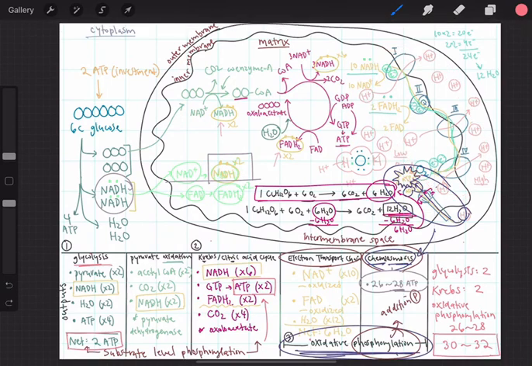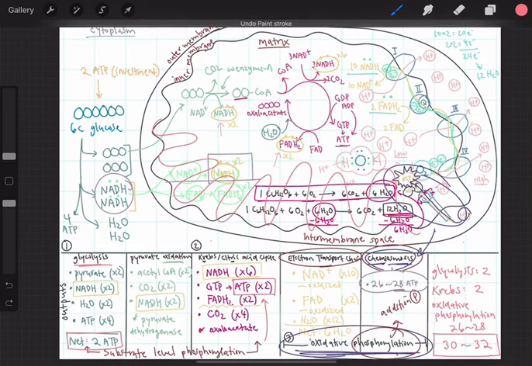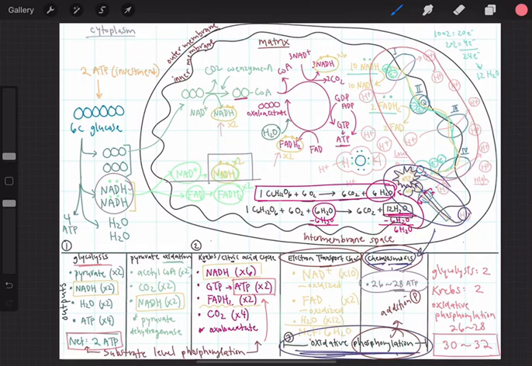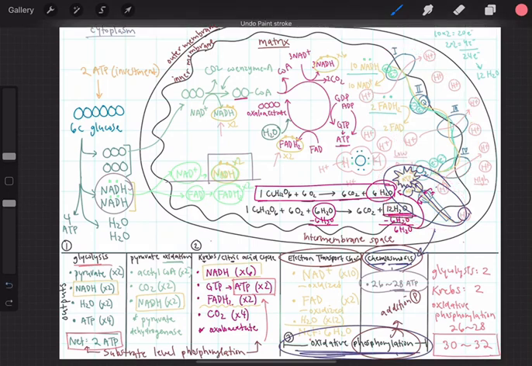Remember, the inner membrane of the mitochondria is very convoluted. It's very folded. It should be like this. This means that there's a lot of surface area all around the inner mitochondrial membrane for all of these proteins to reside, for the electron transport chain, for chemiosmosis, basically for oxidative phosphorylation to occur.